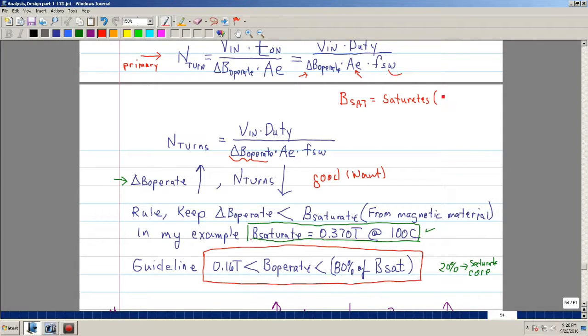And that's bad. You do not want a transformer that saturates. What happens? When it saturates, the current actually goes high. It goes up and it destroys your MOSFET.